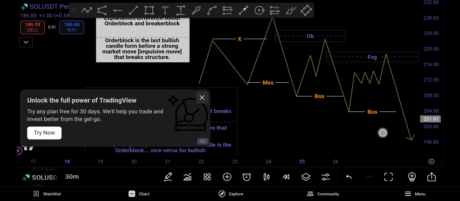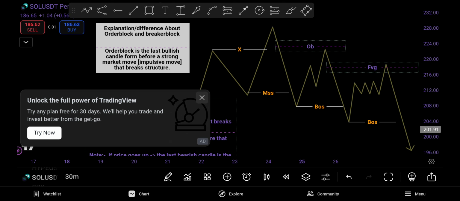Now let me give an example. Let me say the market is bearish, as we see here, and it breaks the previous low, which is this. I hope you guys are going to understand this.